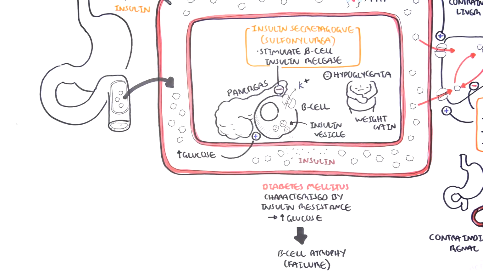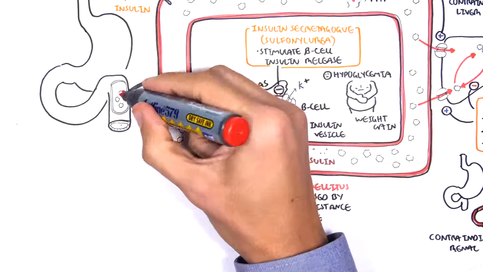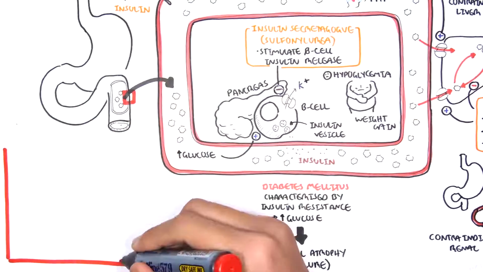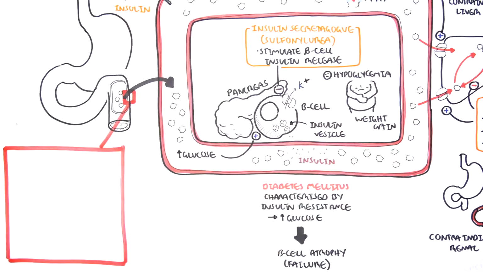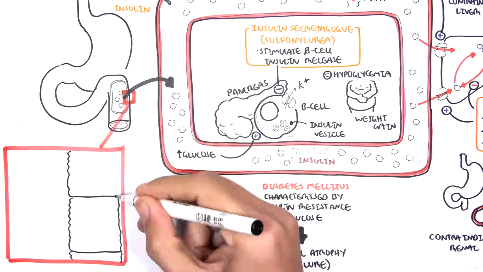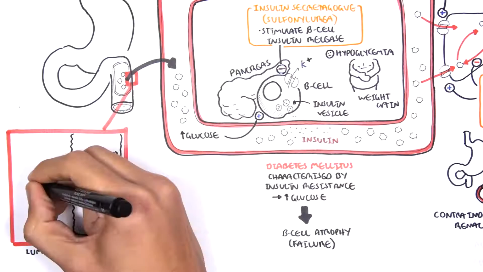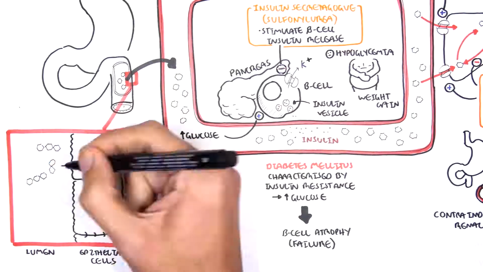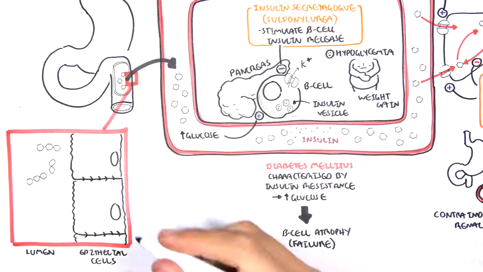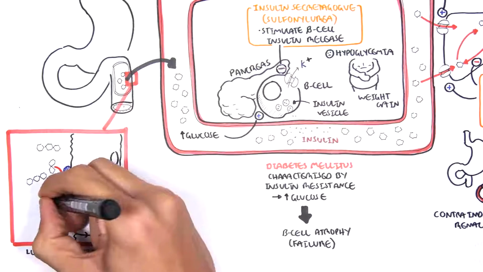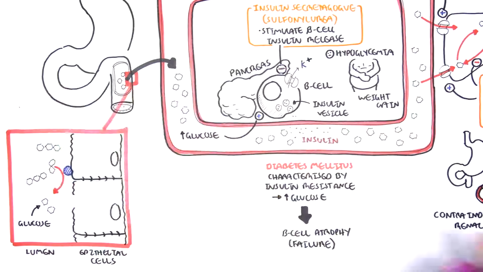The next medications work on the small intestine. So let us zoom into this area here where glucose is absorbed into the bloodstream. Here is the lumen, and here are the epithelial cells of the intestine. In the lumen, there are short carbohydrate molecules that are being broken down into the macromolecule glucose.